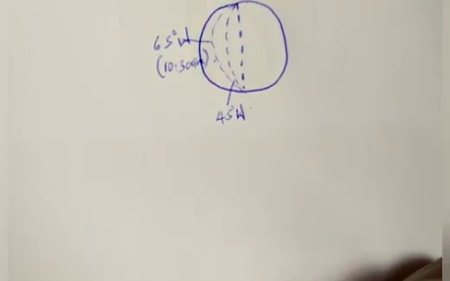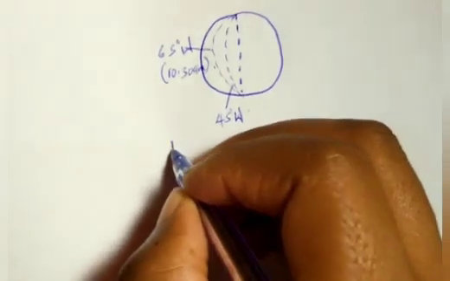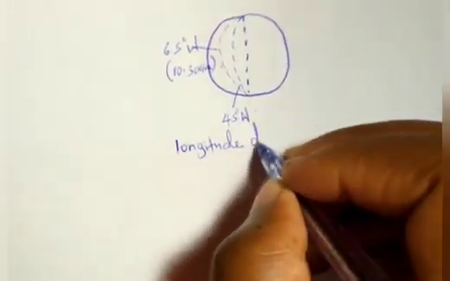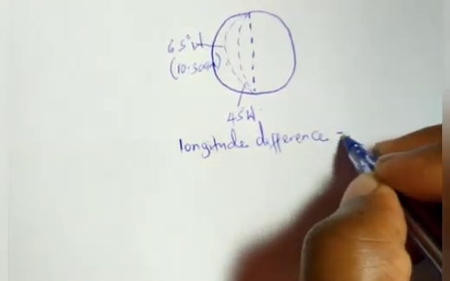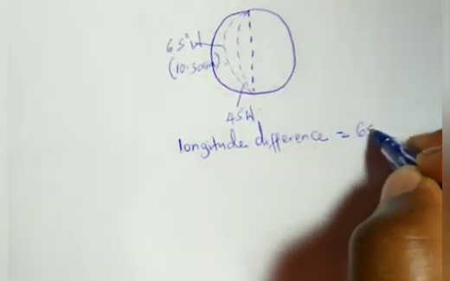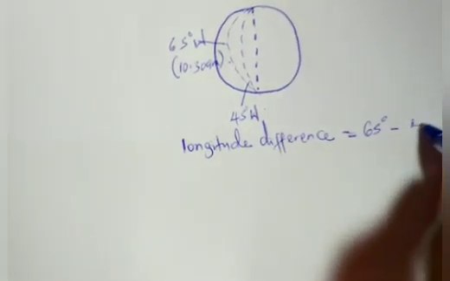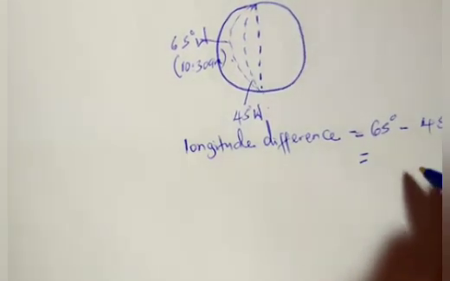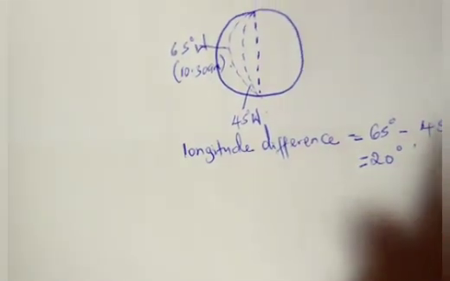So the longitude difference will be equal to 65 degrees minus 45 degrees, which should give us 20 degrees.